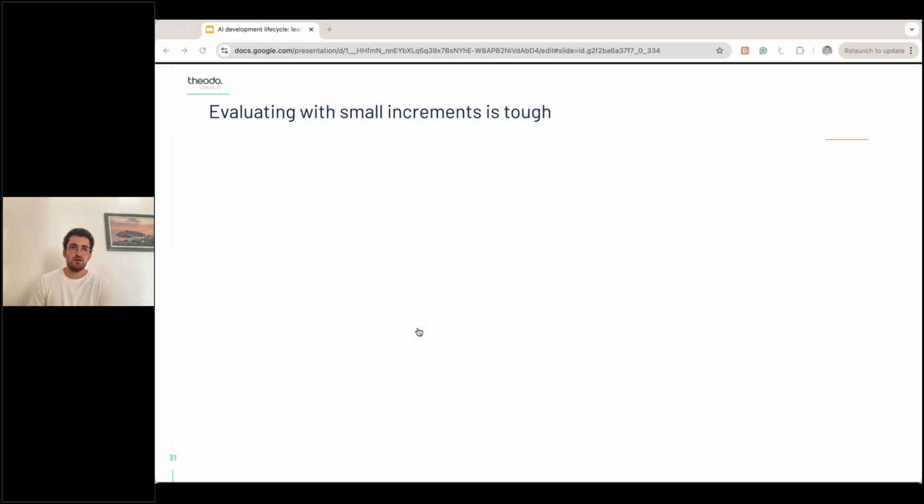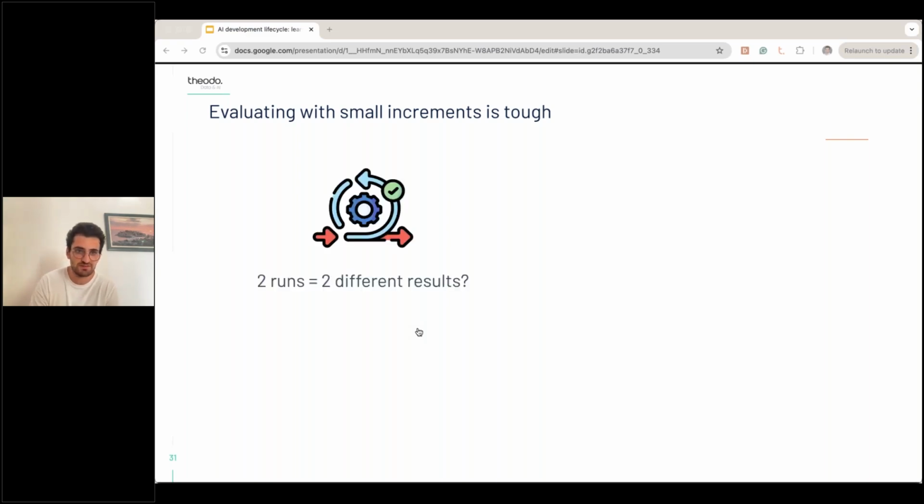To finish on manual evaluation, I just want to say that since we are using closed source LLMs, evaluating can be tough because two runs may give two different results. As I just said, because of the non-determinism, you run your pipeline twice, not the evaluation pipeline, but your real pipeline, and it gives two different results.